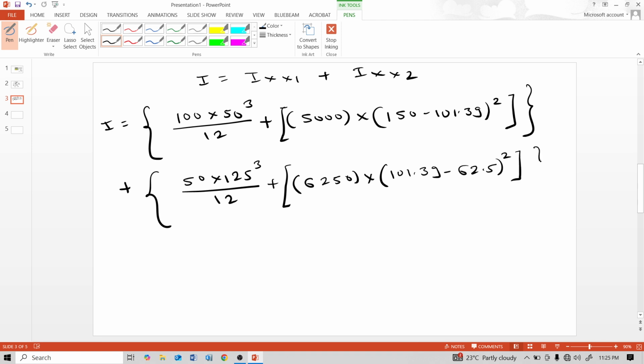We use the parallel axis theorem for getting this moment of inertia.